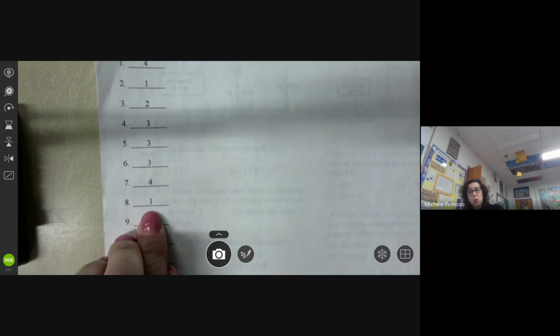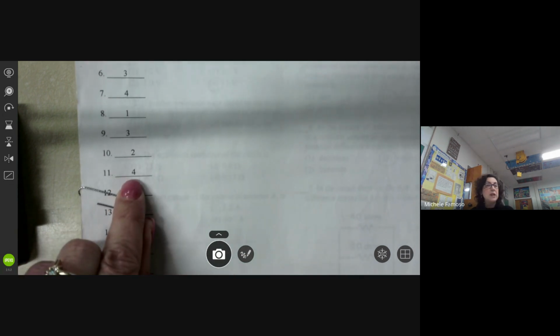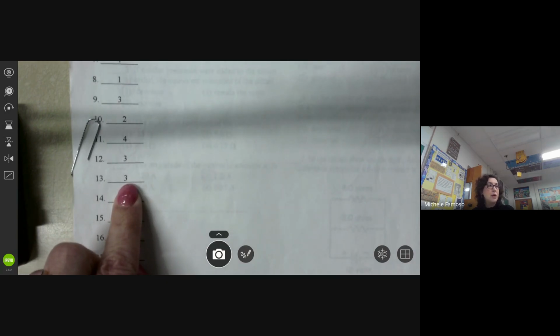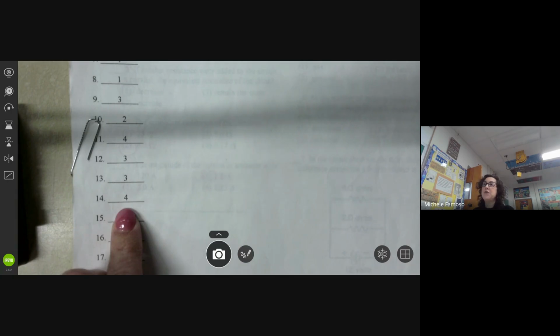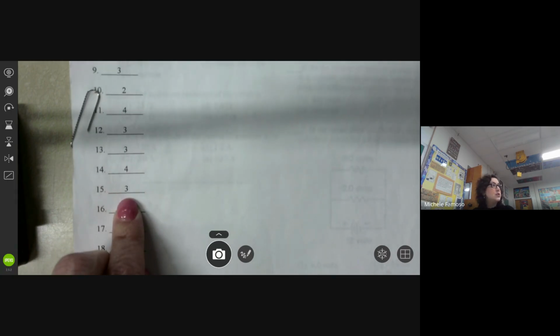Number 8 is 1. 9 is 3. 10 is 2. 11 is 4. 12 is 3. 13 is 3. 14 is 4. 15 is 3. 16 is 2. 17 is 3. 18 is 2. 19 is 4. And 20 is 4.